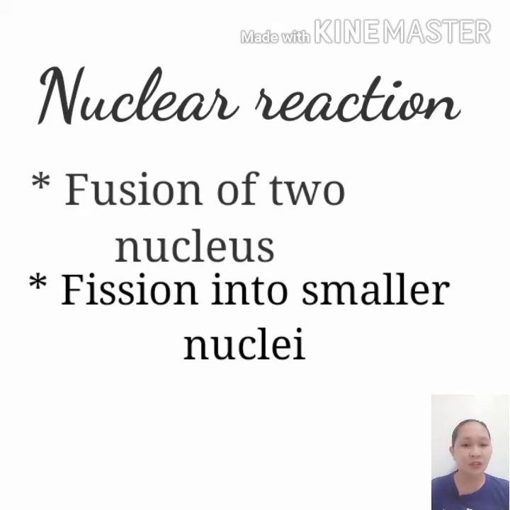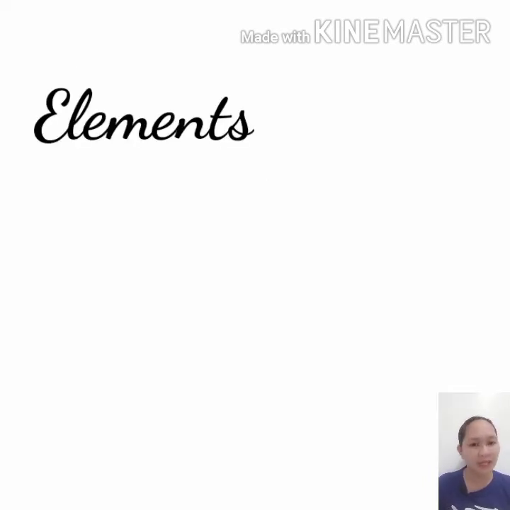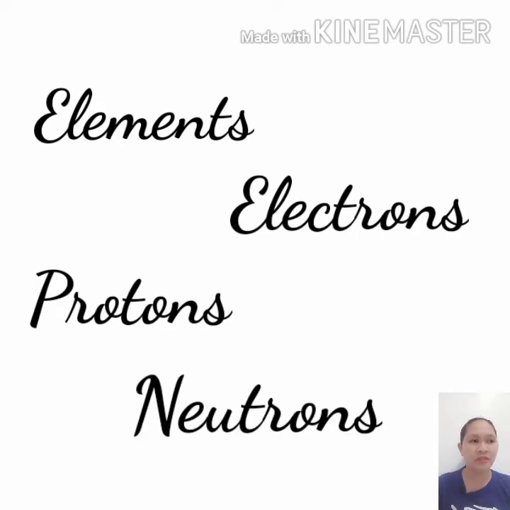Fusion means combination, while fission means separating or splitting into smaller nuclei. These processes involve the emission of energetic particles of an atom, a phenomenon known as radioactivity. When we say emission, it is a release of energetic particles or a release of energy. Radioactive particles may be elements, electrons, protons, and neutrons.